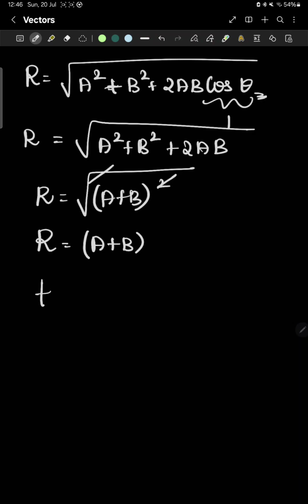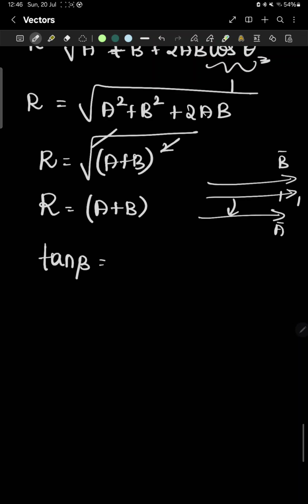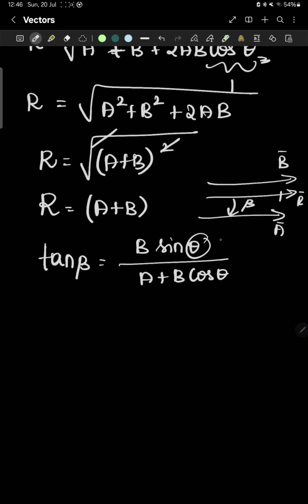And what about the angle? Tan beta is the angle between the resultant vector and the first A vector. So it will be A vector, B vector and R vector, and this will be the angle beta. If I substitute in the formula B sin theta divided by A plus B cos theta, instead of theta I substitute 0 degree, so sin theta becomes 0 and cos 0 becomes 1.